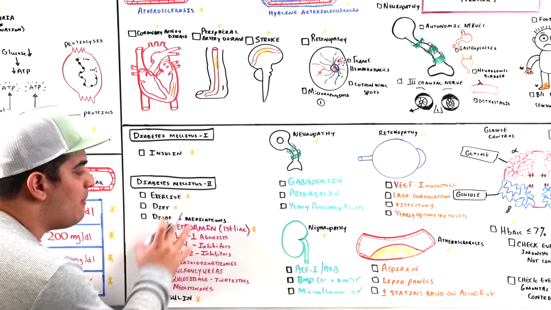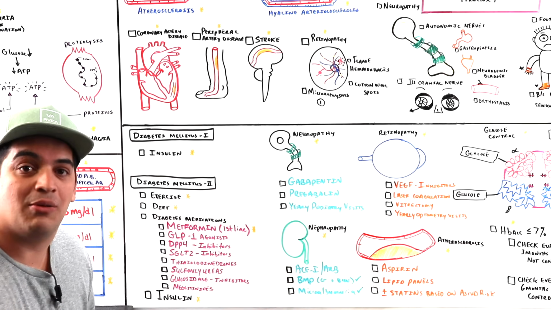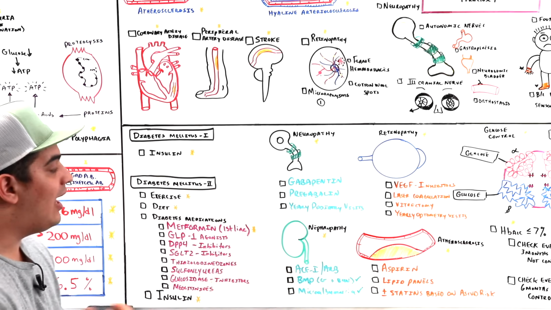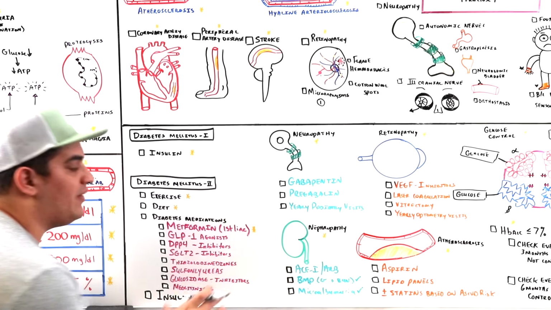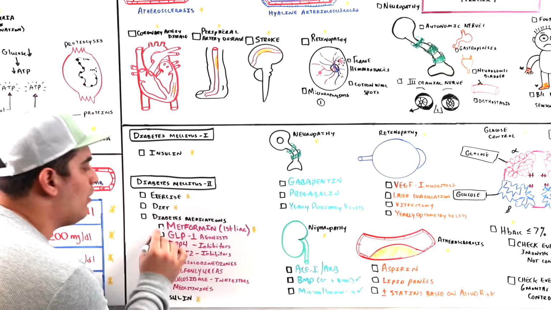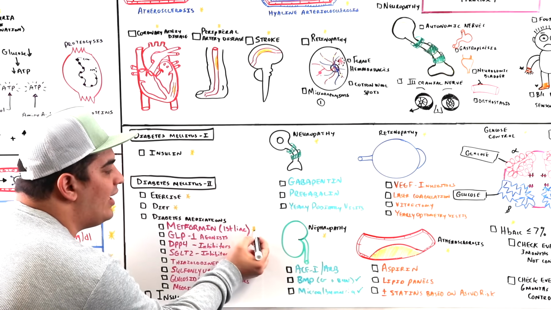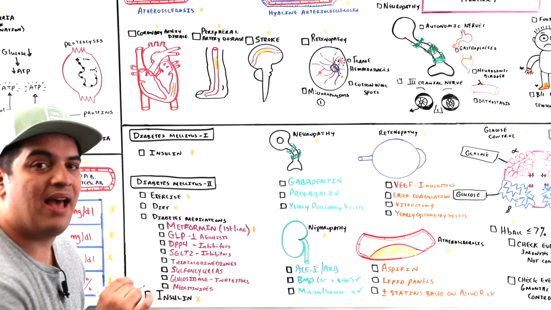But they might need some extra help, and that's where certain diabetes medications might come into play to help a lot of these processes, and we'll discuss each one of these in more detail in another video. But the biggest, most high yield fact that I want you to remember is that type 2 diabetes medications, the most high yield and first line one is metformin.